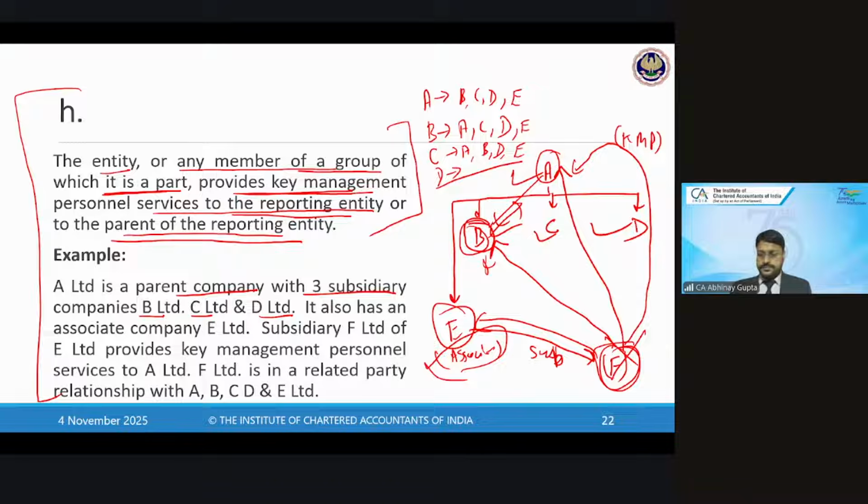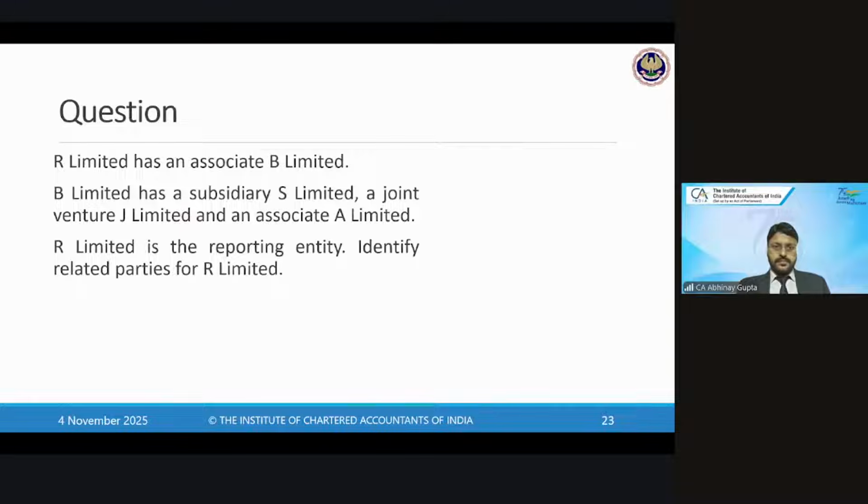Clear, but there could be many other services other than KMP services. So that would also be covered? No, the standard covers KMP. So whatever the KMP services are, they will be covered here. Clear? Okay. Let's do this question.